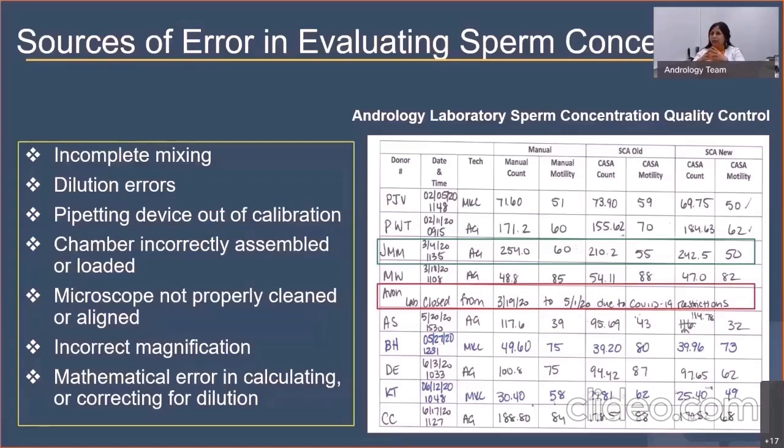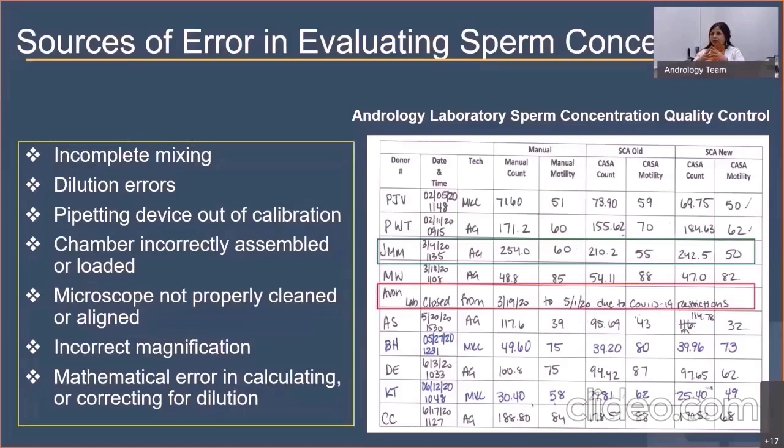The agreement between the manual concentration and motility and the CASA machine concentration and motility, and we actually did it with 2 machines, showed a high correlation. So that ensures that we are doing the right steps and ensuring quality control in our sperm concentration assessment.